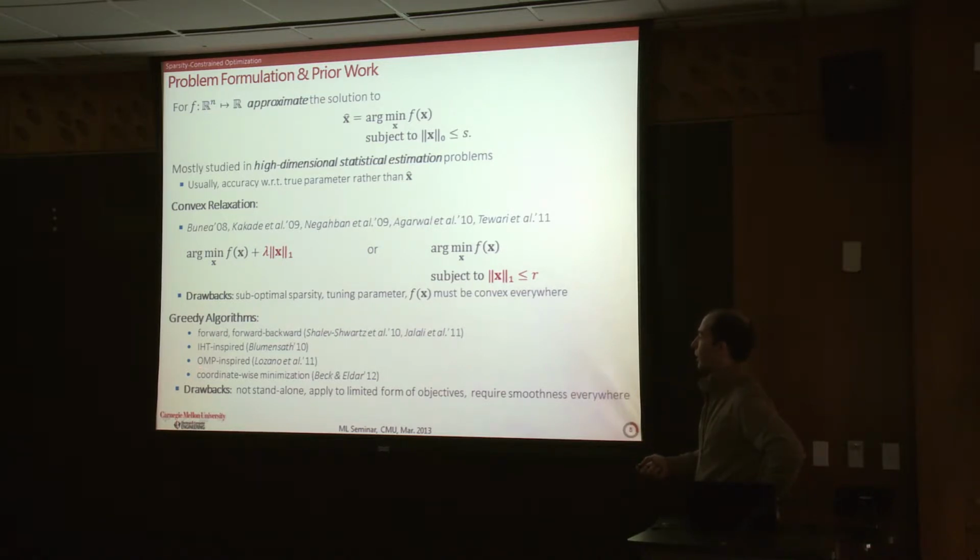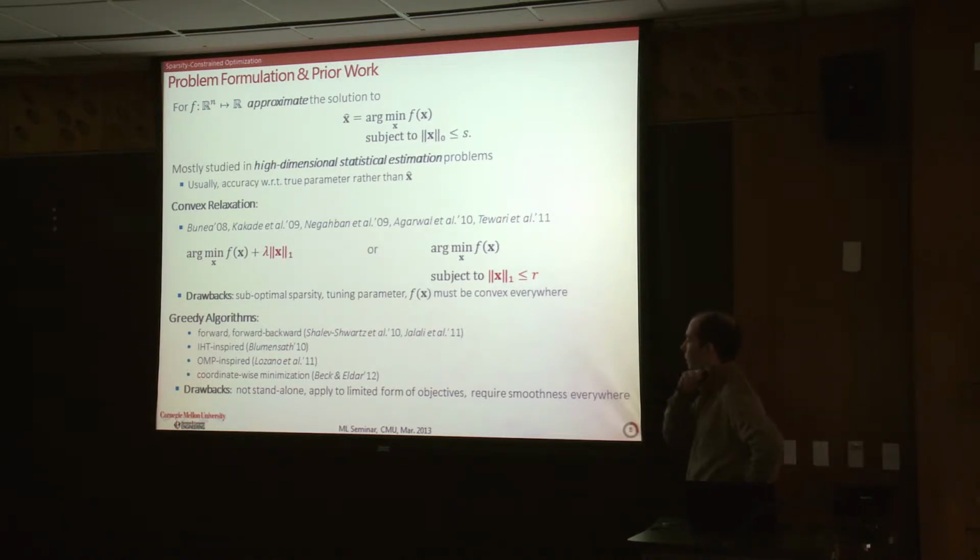The other algorithm is based on orthogonal matching pursuit, which generalizes its application to generalized linear models. And there are also a few algorithms proposed by Beck and Eldar that are mostly from a pure optimization perspective, and they use their own necessary and sufficient conditions to prove the accuracy of their algorithm, and they use coordinate-wise type algorithms.